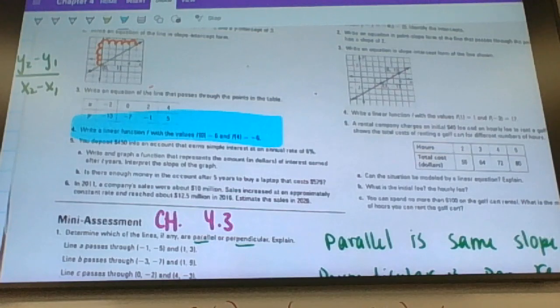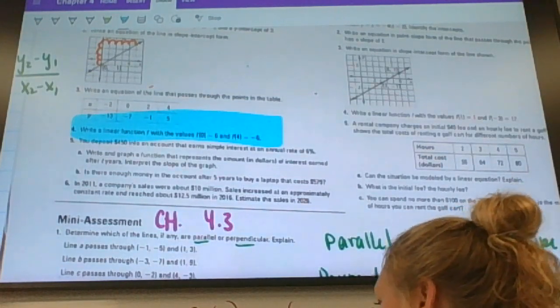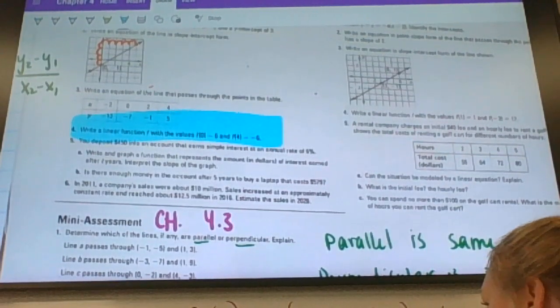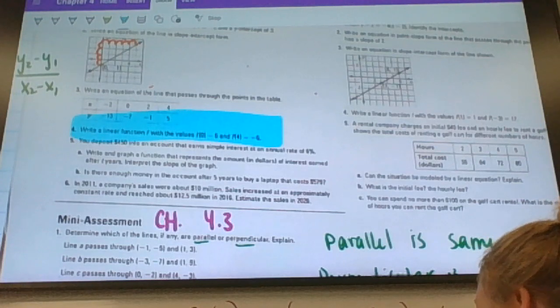Oh, thank you. This is a positive. Thank you so much, Allison. Find your slope. It's not 6. We'll call this x1, y1, x2, y2. It's going to be -6 over 4 minus 0.